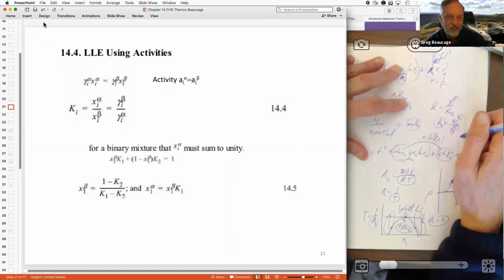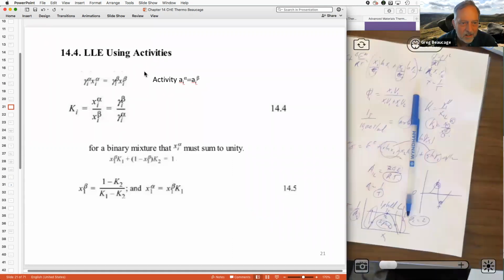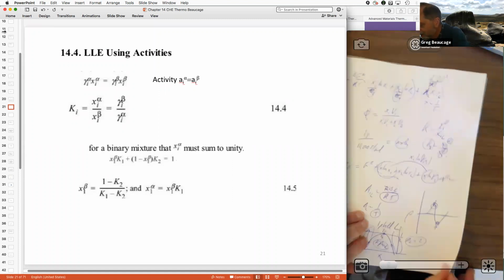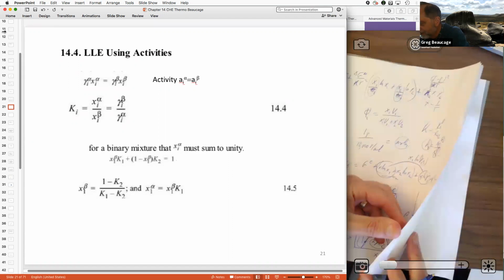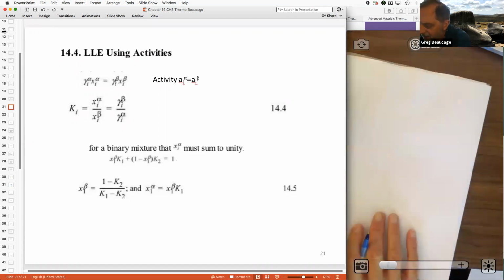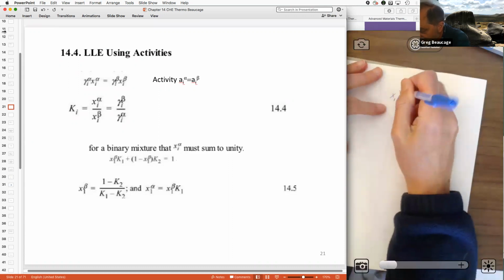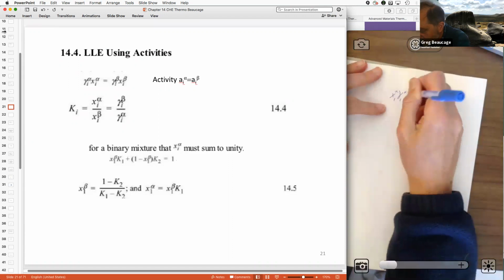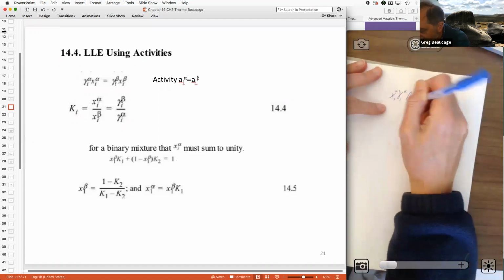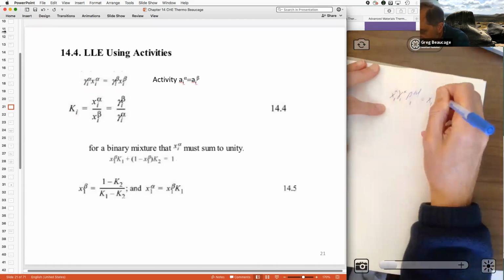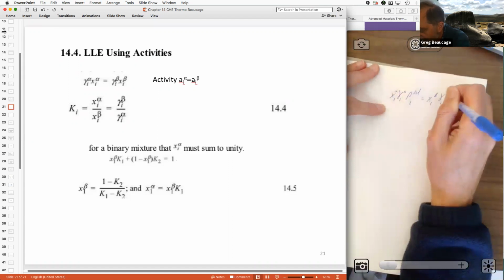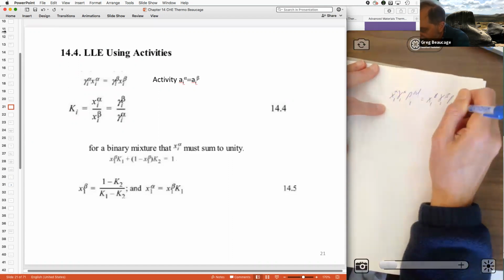And then the K ratios, because the P sats are equal, we have two phases, alpha beta, with the same saturated pressure. So we have X1 gamma 1 alpha P1 sat, and that doesn't have a phase, equals X1 beta gamma 1 beta P1 sat.